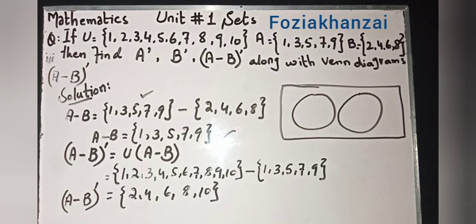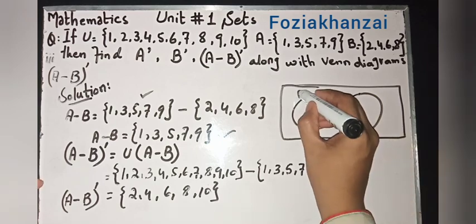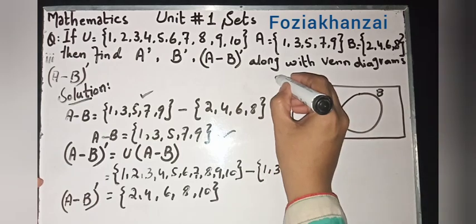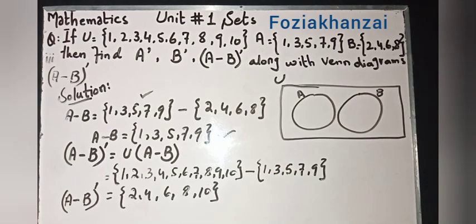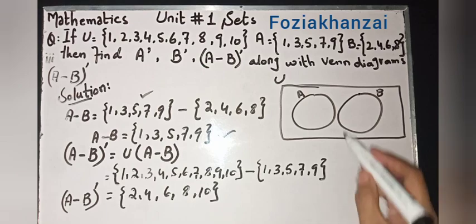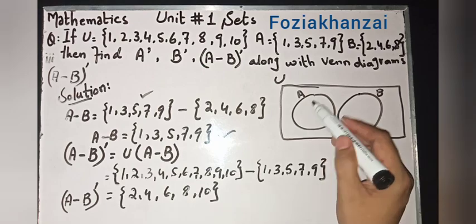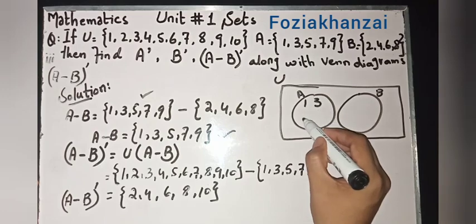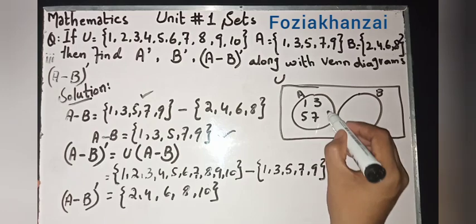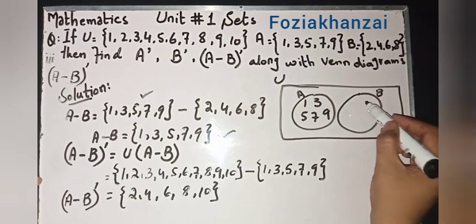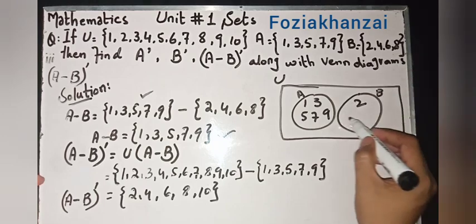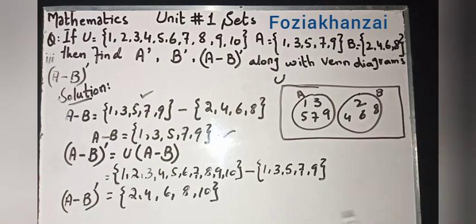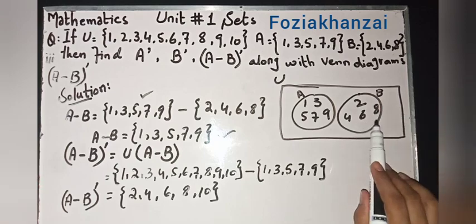First one represents set A, second one represents set B. Inside circle A we write elements 1, 3, 5, 7, 9. In this circle, elements 2, 4, 6, 8. Elements of set A, set B, we write over here.